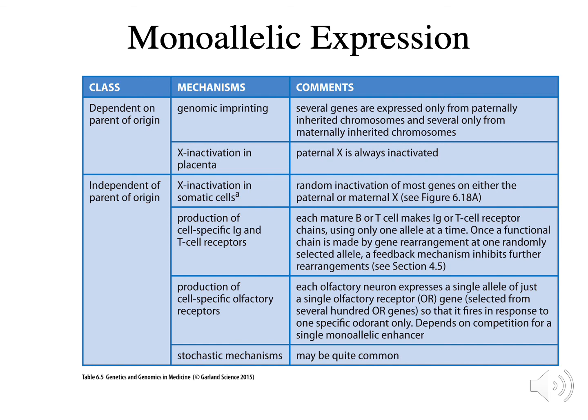We did talk about certain situations that depend on the parent of origin. If we're talking about genomic imprinting, we said that in some cases that can be parentally specific. For example, all the genes would be silenced from the father's contribution, but active from the mother's. There are different mechanisms that govern those types of processes versus those that are independent of parental origin.